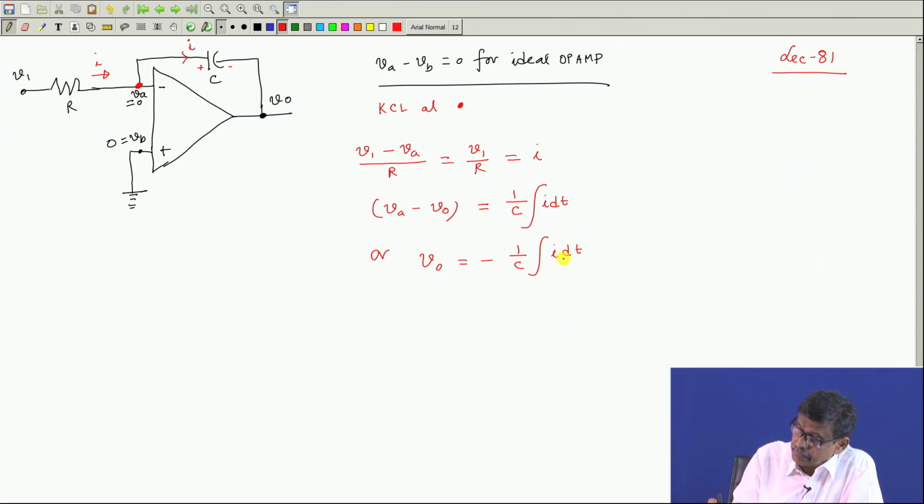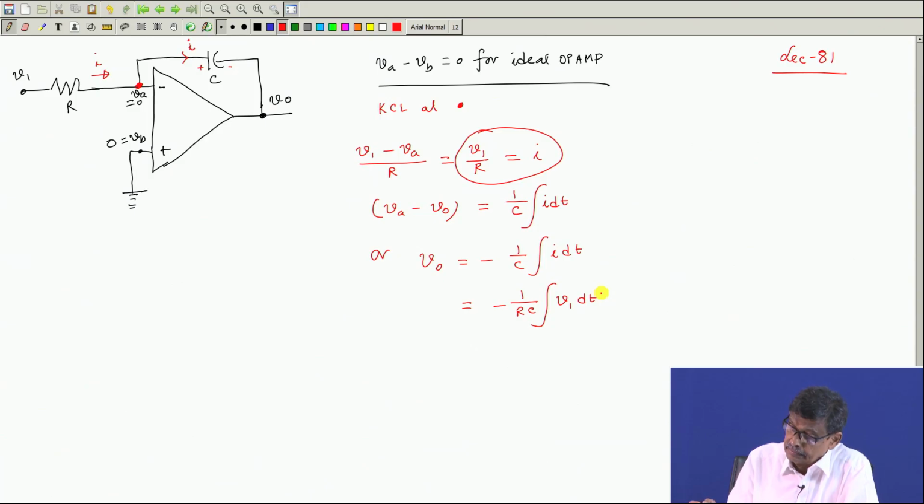But I is V 1 by R. So, this will become minus 1 over R C into the integral of V 1 dt, putting I as V 1 by R. Therefore, the output voltage is what? 1 by R C is constant.